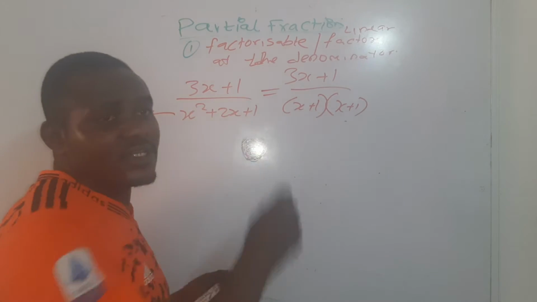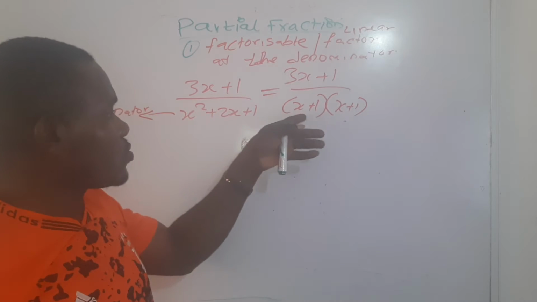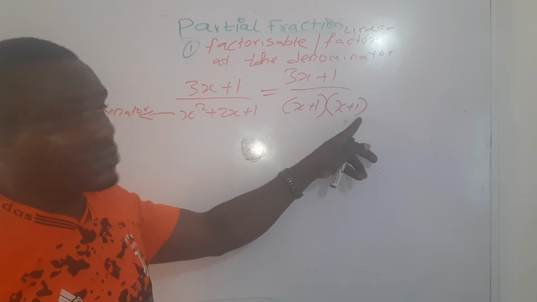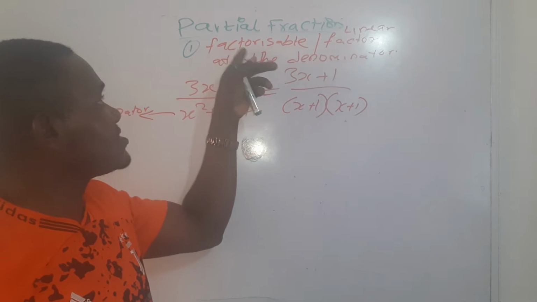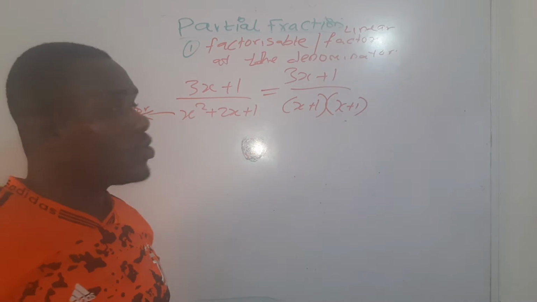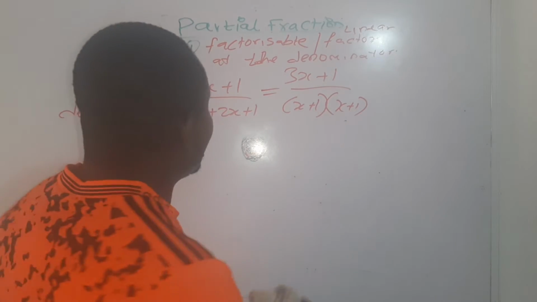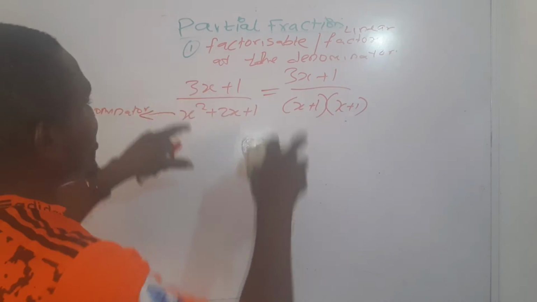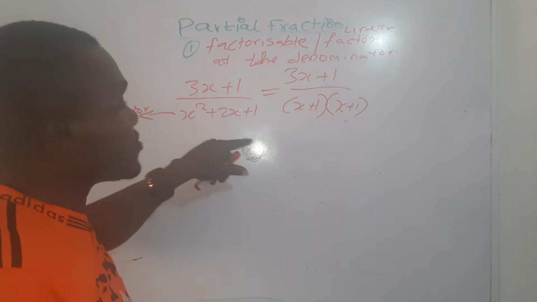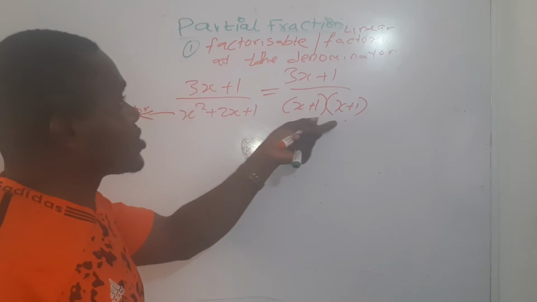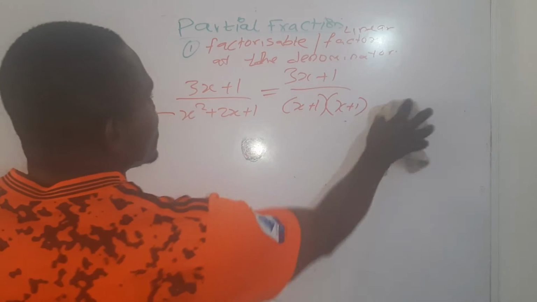It could be any variable. Once you have it like this, we have already determined that this question has a factorizable denominator, which we can call linear factors. Then you can now expand.